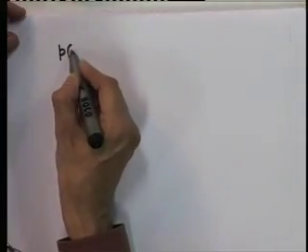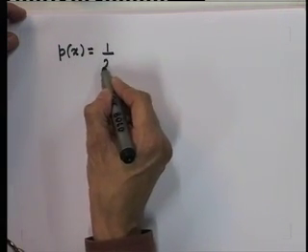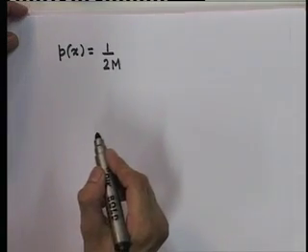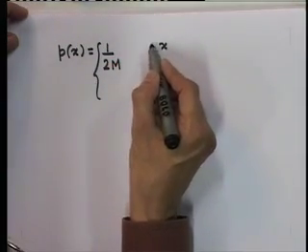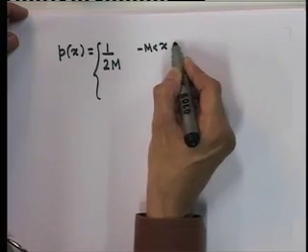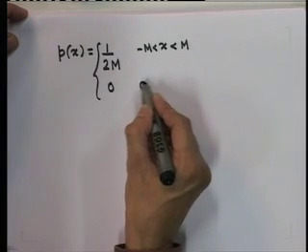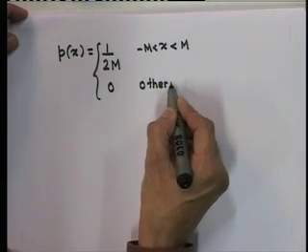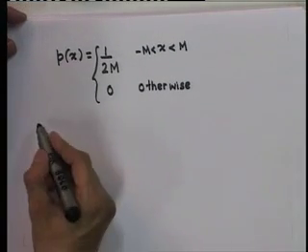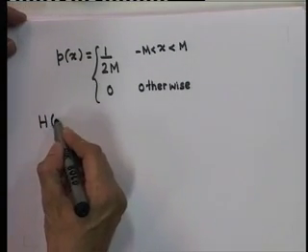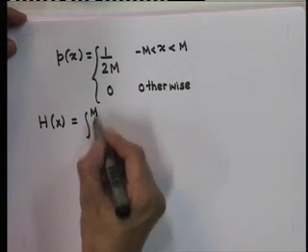Which in turn implies that the probability distribution function, which is uniform over minus m to plus m and is equal to 0 otherwise, will provide the maximum differential entropy, and the value of that maximum differential entropy can be evaluated as follows.